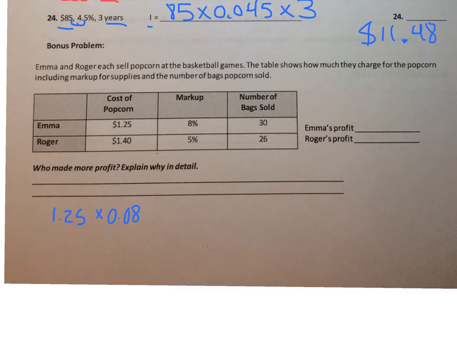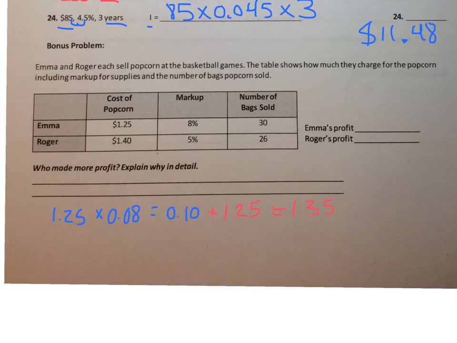So when I do that in my calculator, I have 1.25 times 0.08, and I get 10 cents is her markup. Well, now we have to add that to the original cost, and she charges $1.35 per bag.